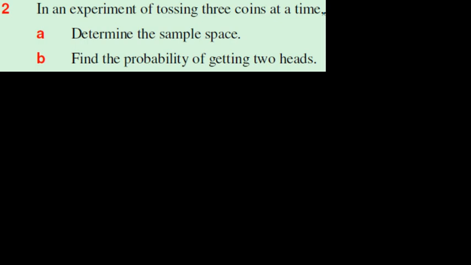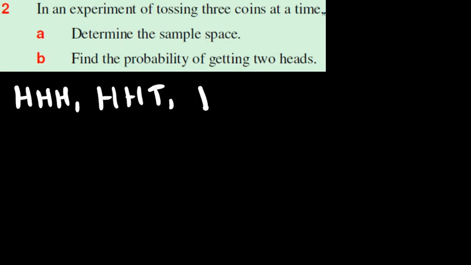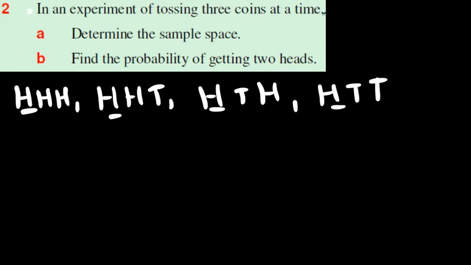When you go to the next one, in an experiment of tossing 3 coins, the possibilities are head, head, head, or head, head, tail, or head, tail, head, or head, tail, tail. The first one being head, we can have 4 chances. What if the first one is tail?